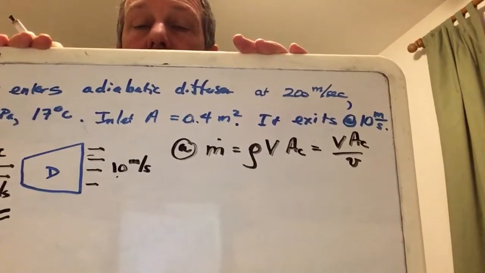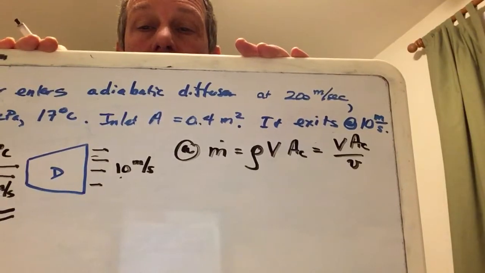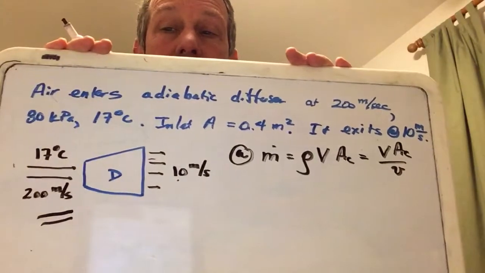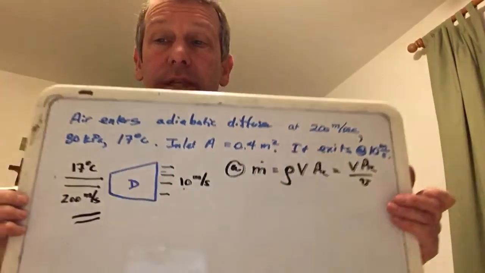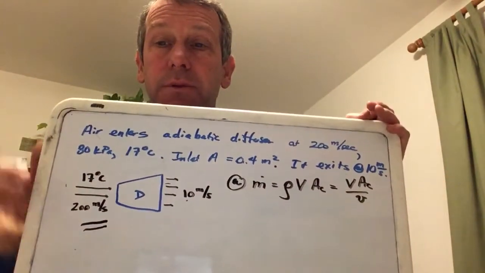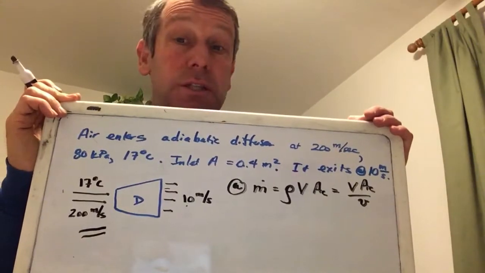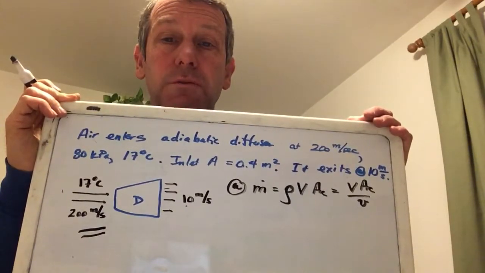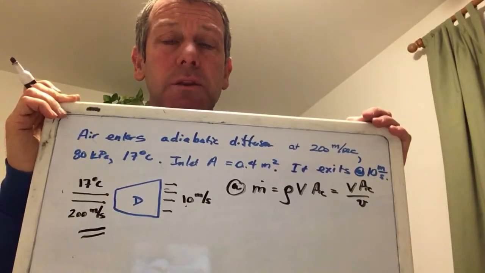Maybe I could have called it m.1. Taking a look at the information that we had, we do know the velocity at the inlet. The velocity at the inlet is that 200 meters per second. Okay. We can figure out the area at the inlet because that's given. That's 0.4 meters squared.